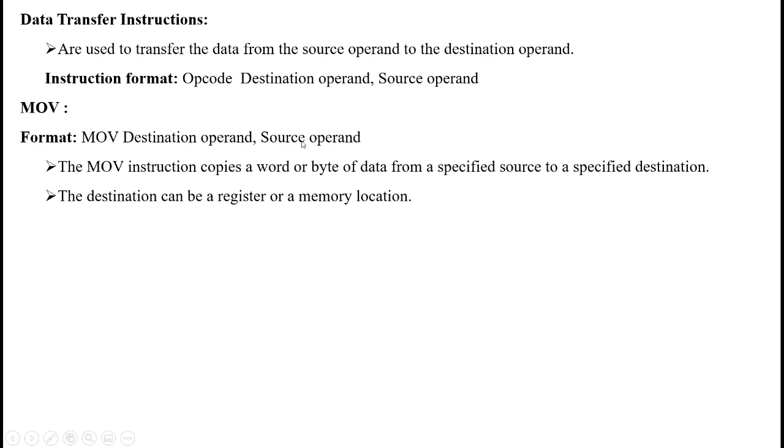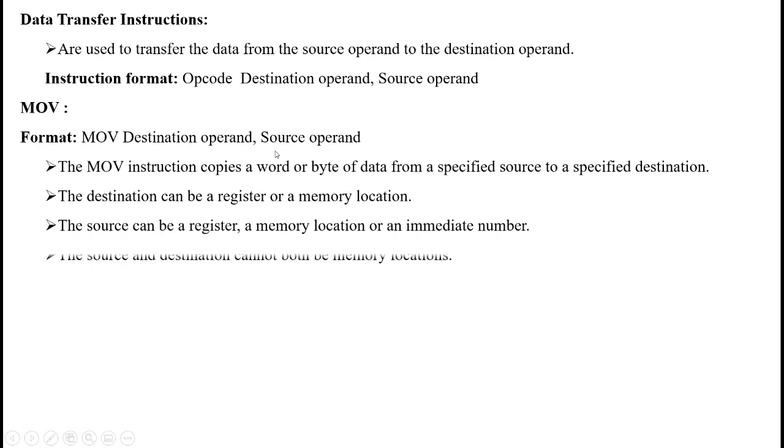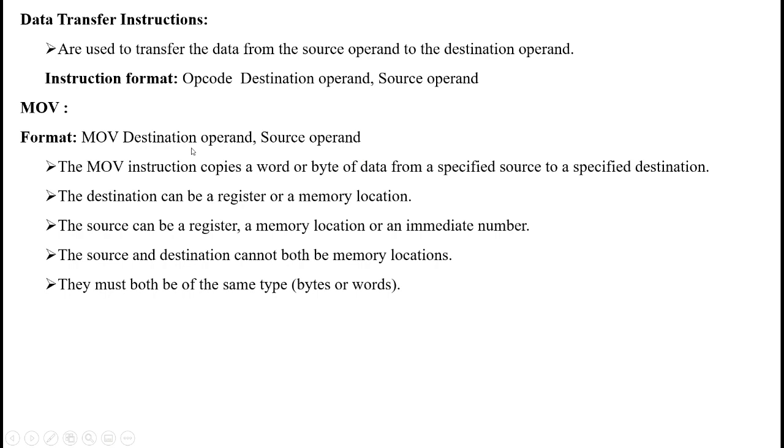The source operand may be a register or memory location, and the destination operand also may be a register or memory location, but both at a time should not be memory locations. Either register or memory location, but both at a time we can't use as memory locations. These are the conditions for use of the move instruction, and it doesn't affect any flag registers.